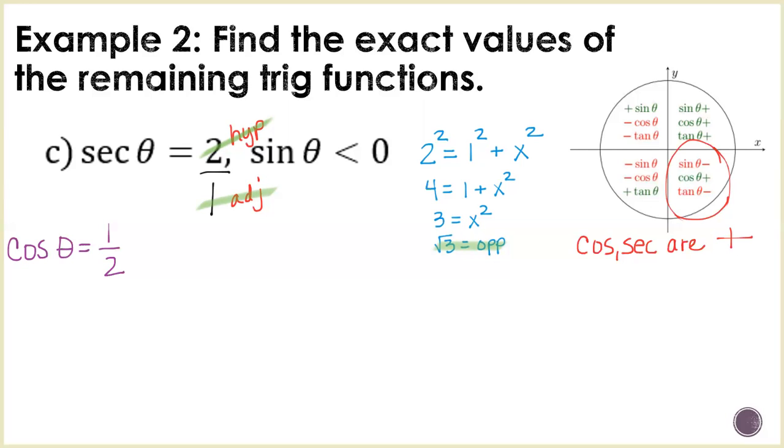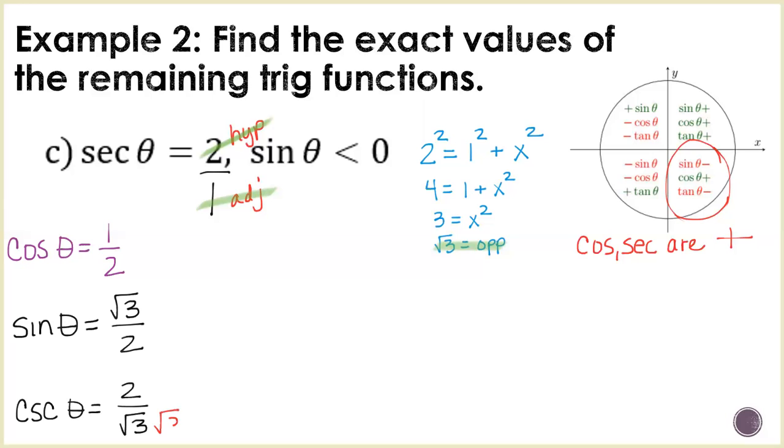So sine of theta equals opposite over the hypotenuse. So opposite is root 3. The hypotenuse is 2. And then we're going to find the sister, which is cosecant. Flip your sine ratio.